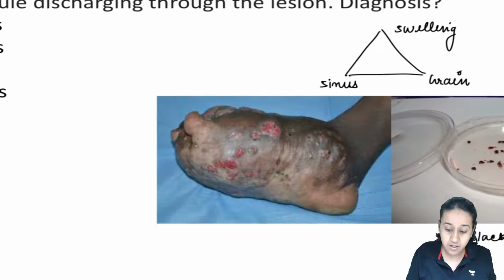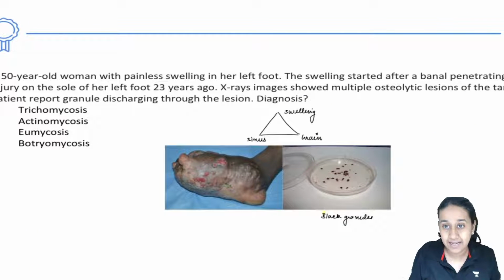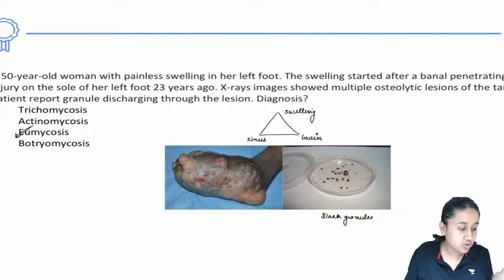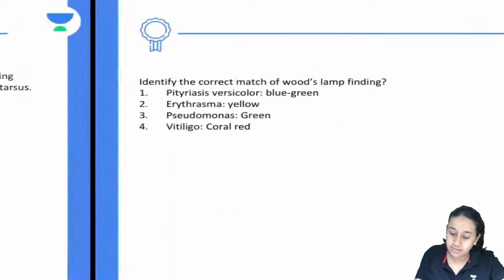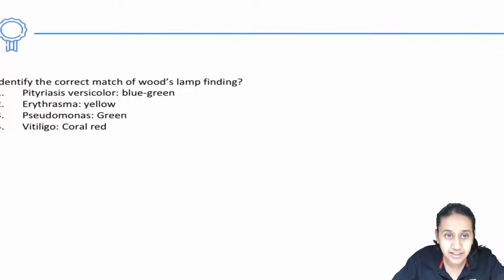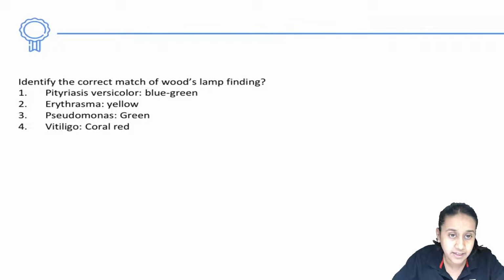It is a feature of mycetoma, and because you have black grains, the correct answer becomes eumycetoma. So very nice. If the color of the grain is black, it is eumycetoma, and if the color is yellow, it is actinomycetoma.